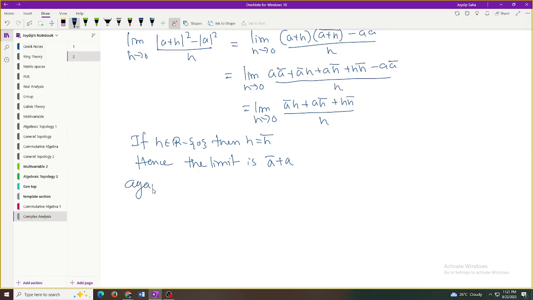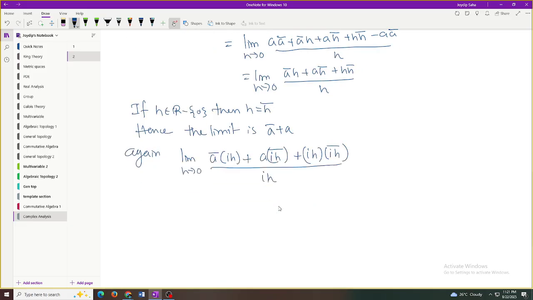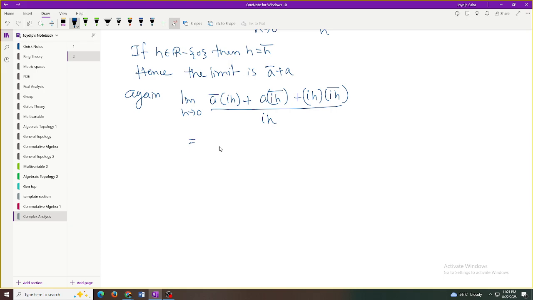Again, if we take imaginary, this will equal i.